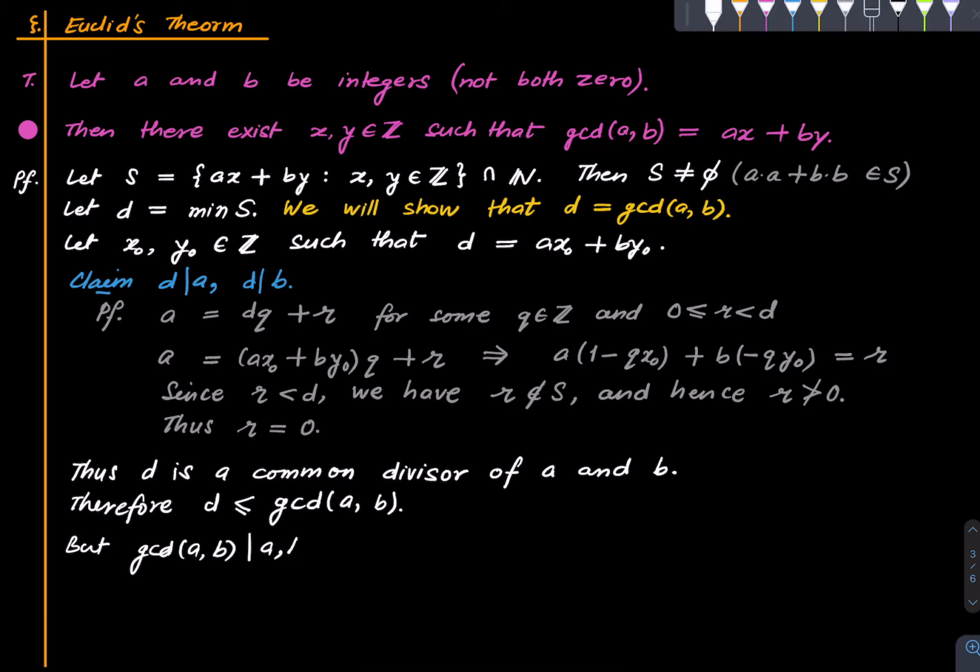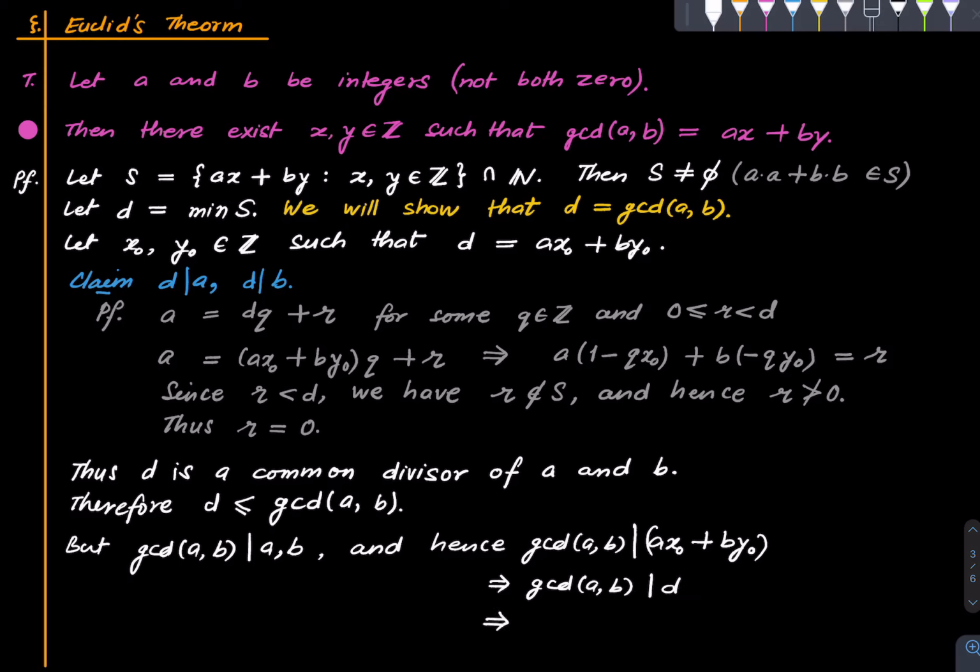So GCD of a and b divides ax₀ + by₀ by the first problem, which implies GCD divides d, which implies GCD(a, b) is at most d. Since d is a positive integer and you have a divisor of it, the divisor is going to be at most that positive integer.